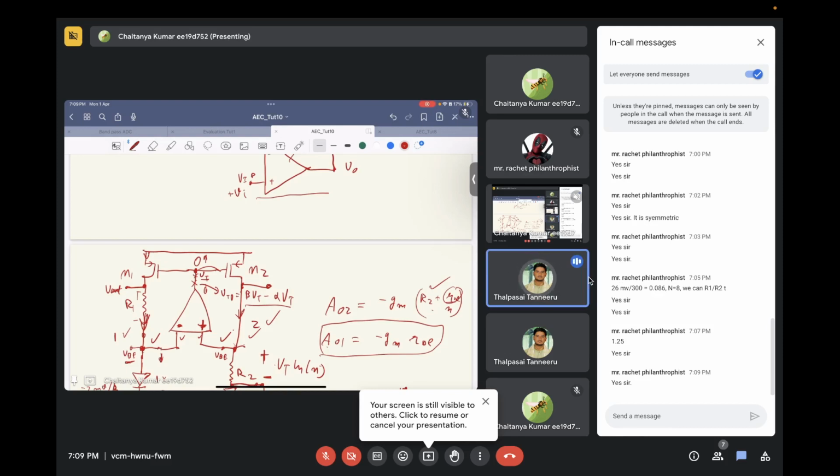Sir, could you suggest any books for band gap reference circuits? I can't remember a book for this. Wait, I will look it up and tell you. I think Razavi might have this. Can you just check? Analog ACDC.